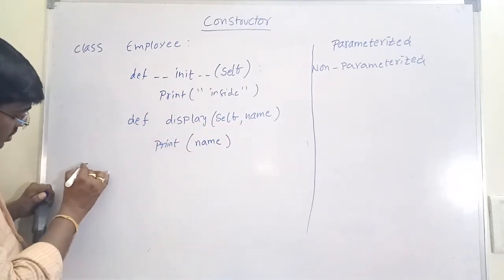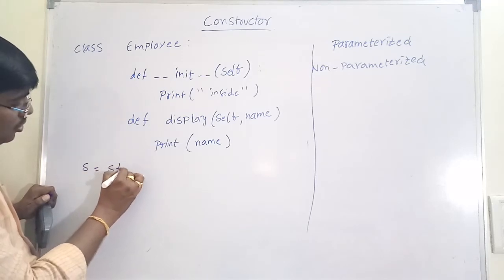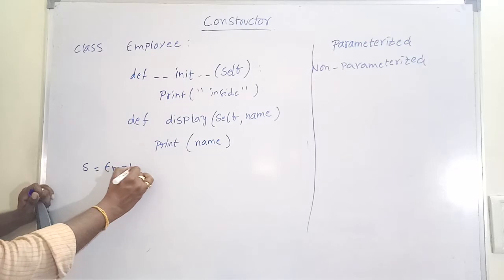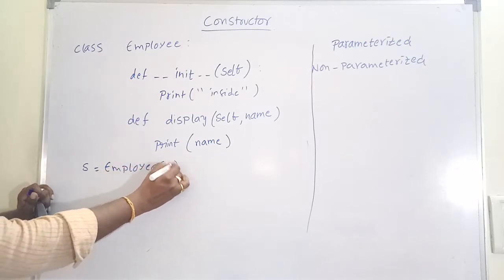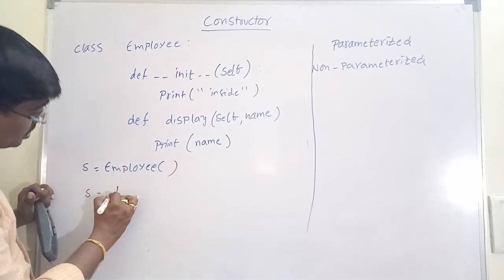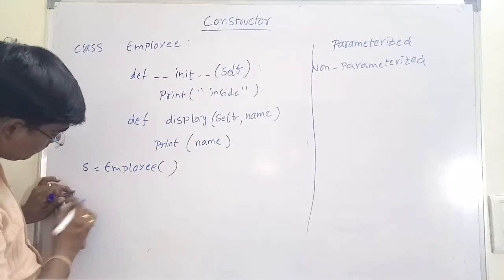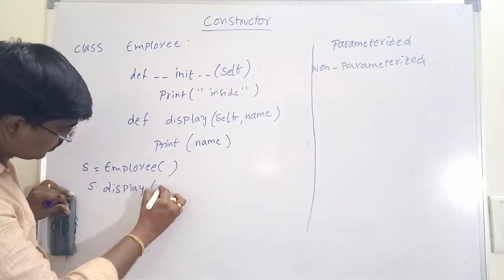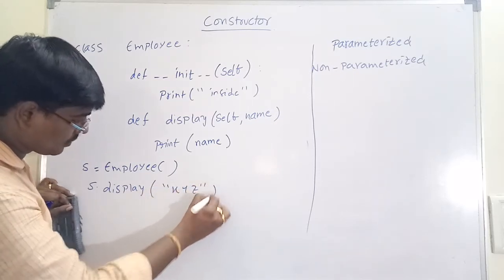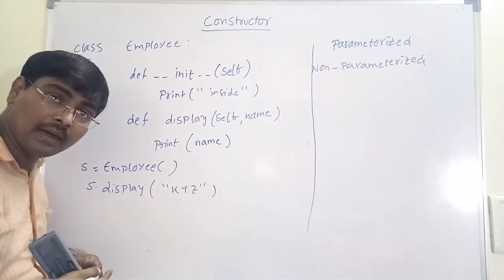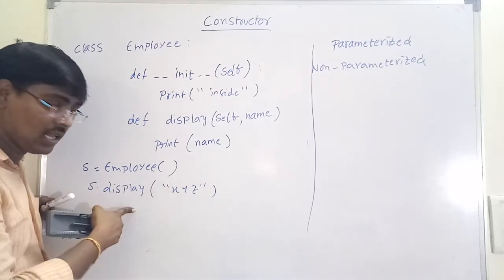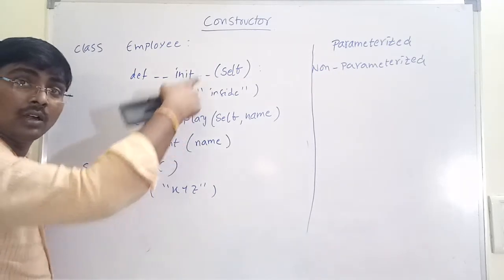I will show. So display of self comma name, print of name. The next one is simple. S is equal to employee. S dot display of xyz. See this one. Here I am passing the name through the function, not through the constructor.